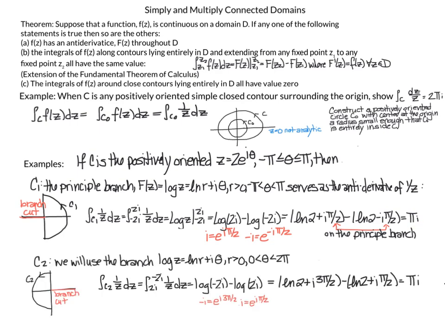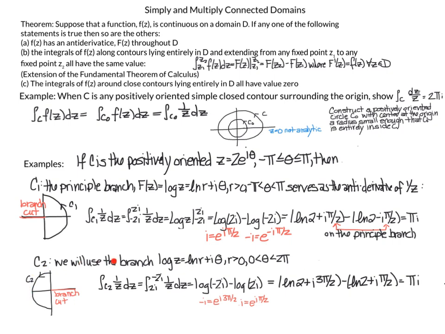To get the left hemisphere, or left half of our circle, we used this other branch cut. So we divided up our C0 circle into C1 here and C2 on the other side. Now we take the branch cut so that log now can be anything between the values of 0 and 2 pi.